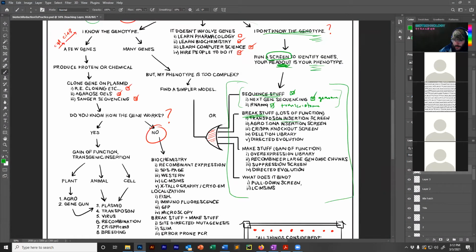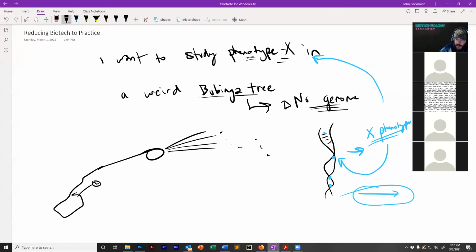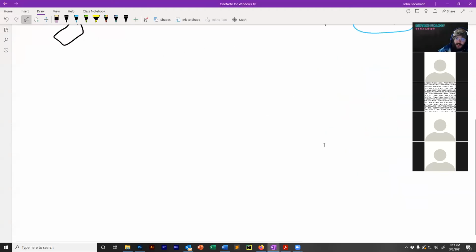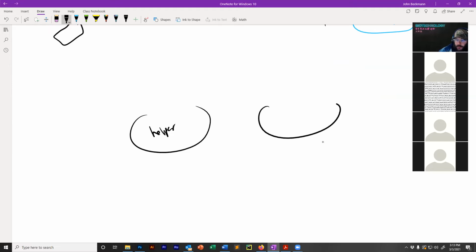One is a transposon insertion screen. So I talked about this in class in reference to one student's project where imagine, again, you're trying to find some phenotype or the cause of some phenotype. You can make a plasmid with a helper and a donor.